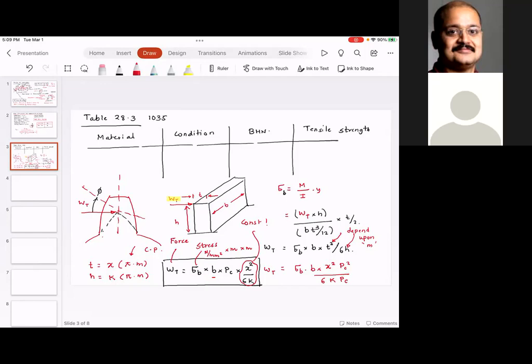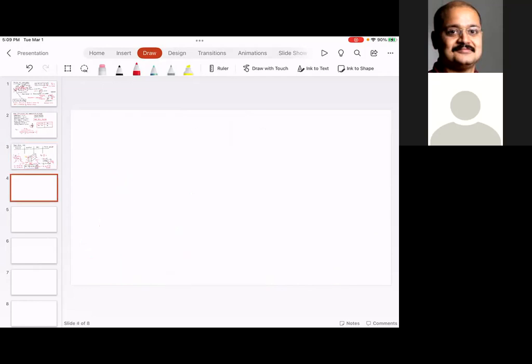But for gears, the value of h and value of t is proportional to circular pitch. Then we substituted those constants, and finally we got an equation which boils down to something like this. It's super simple to remember.